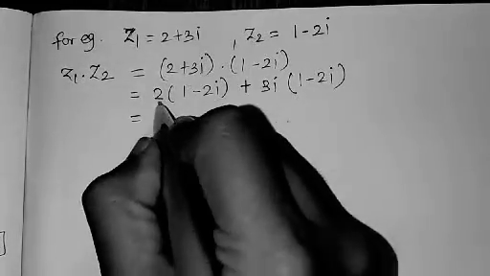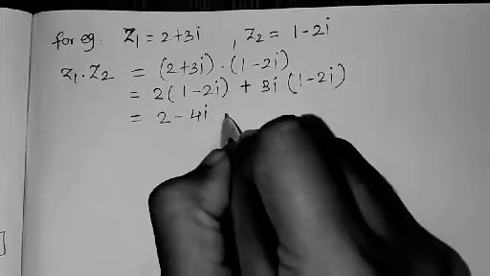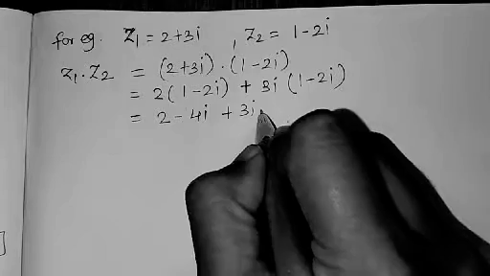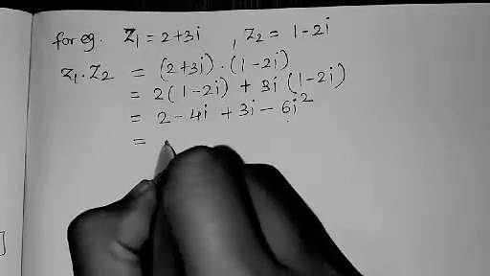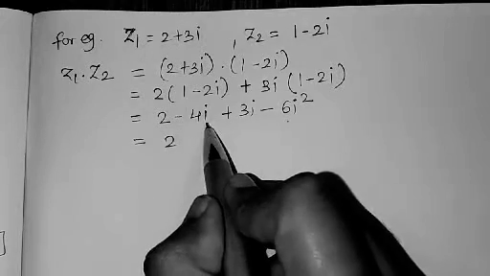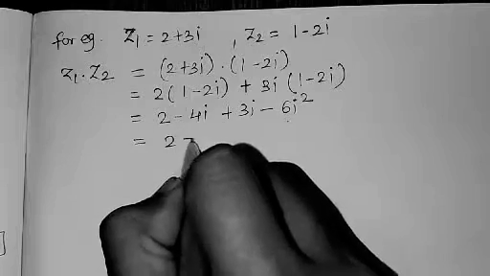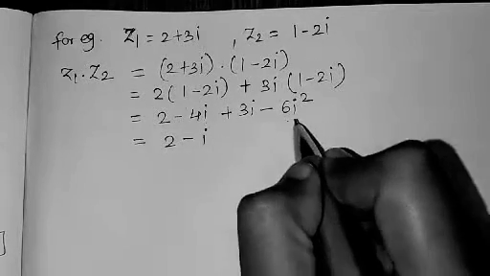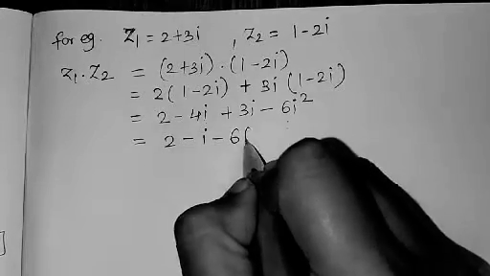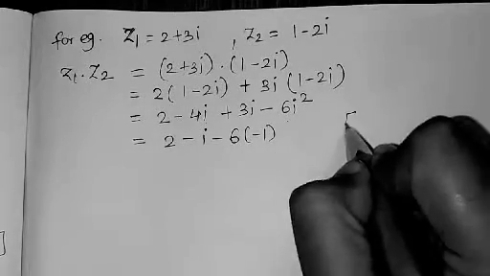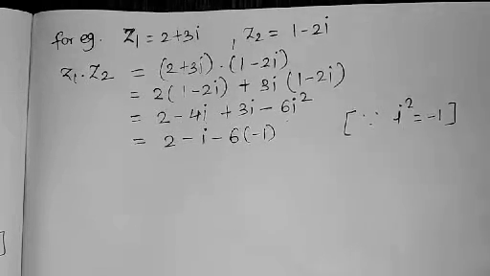Therefore, 2 into 1 is 2, minus 4i plus 3i minus 6i square, which is equal to 2. This minus 4i plus 3i gives minus iota, and this minus 6 into iota square is nothing but plus 6, since iota square is equal to -1.